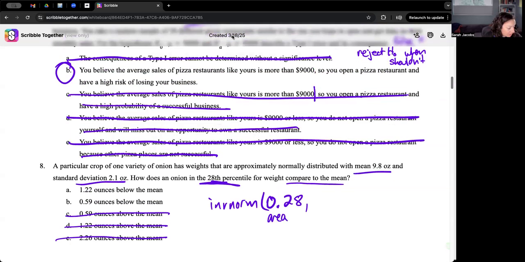Always make sure you're labeling. And then we want the mean to be 9.8 ounces and the standard deviation to be 2.1 ounces.